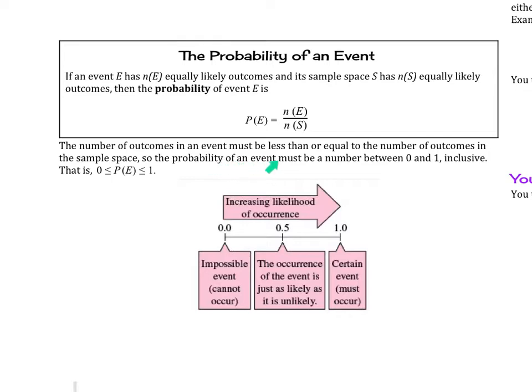So the probability of an event must be a number between 0 and 1 inclusive. So it could be 0 and it could be 1. Notice this chart showing increasing likelihood of an occurrence. 0 means it's an impossible event. It cannot occur. One half means the occurrence of the event is just as likely as it is unlikely, so a 50-50 chance. And 1 means a certain event that must occur.